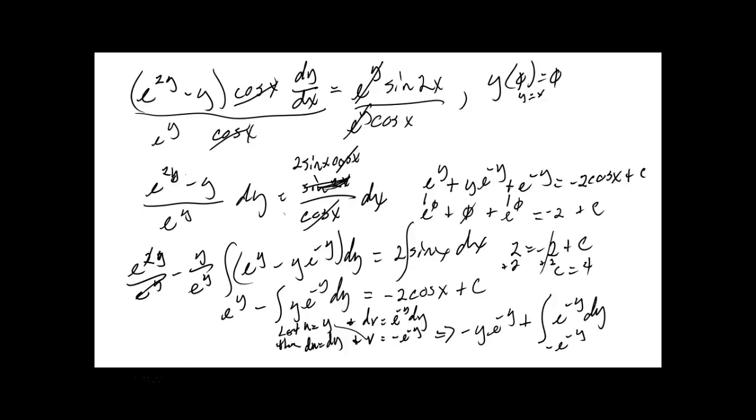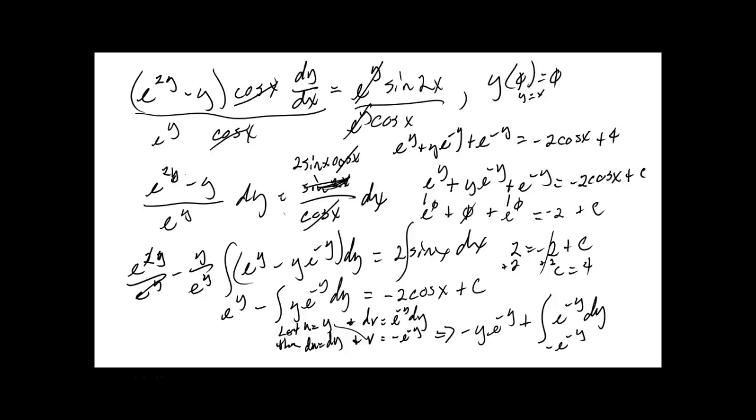So what we have as our final answer is e to the y plus y e to the minus y plus e to the minus y is equal to minus 2 cosine x plus 4, or they write it as 4 minus 2 cosine x. Yeah, that's fine too. And I think that's exactly what they got. Yes.